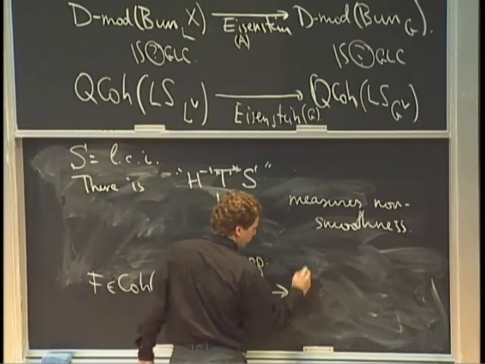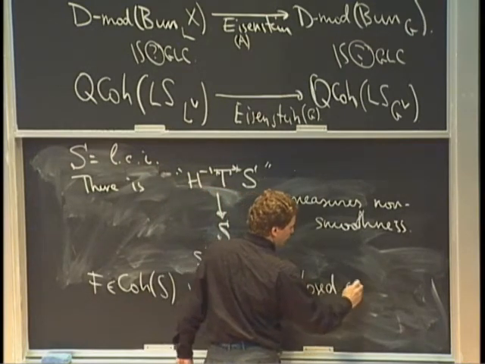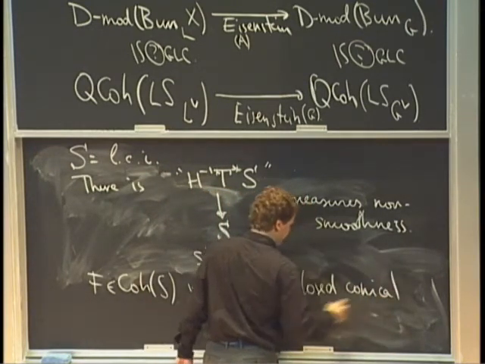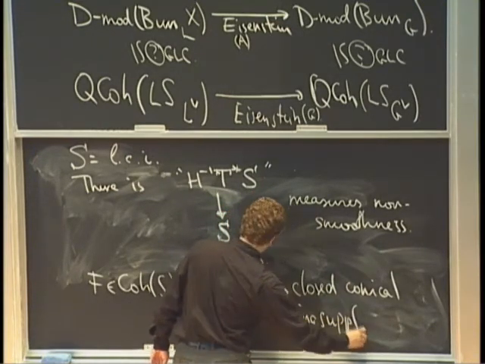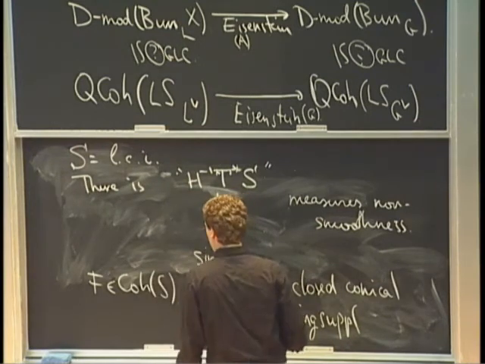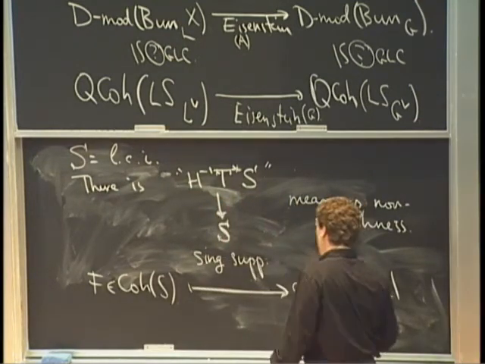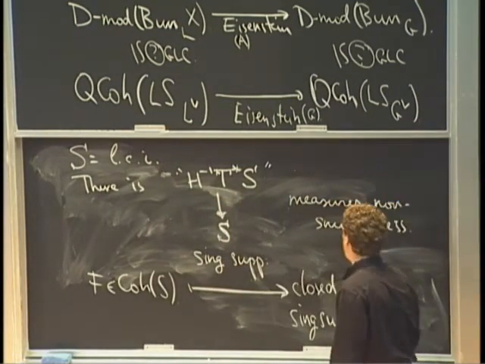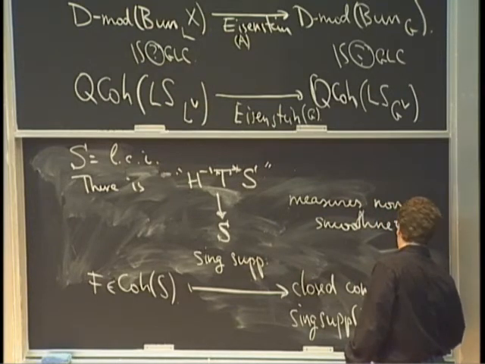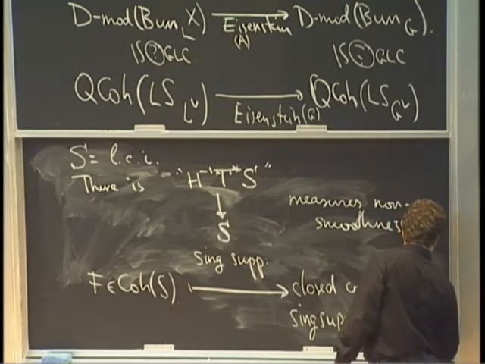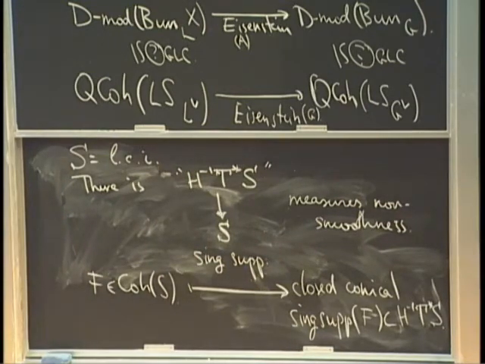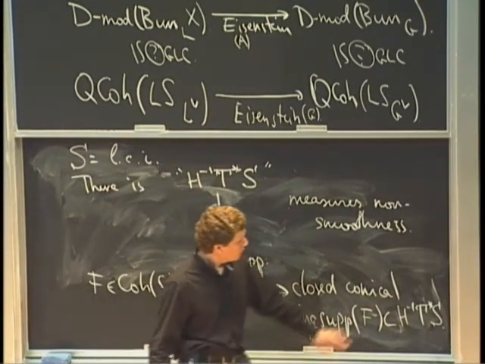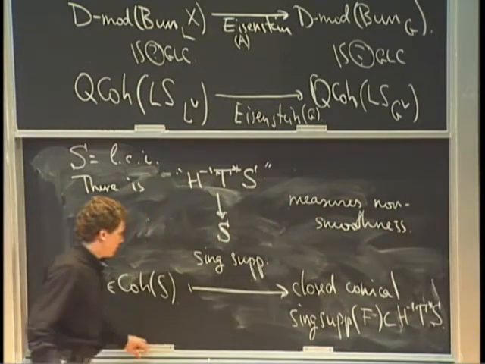So it's the singular support of F, which sits inside this shifted cotangent bundle.